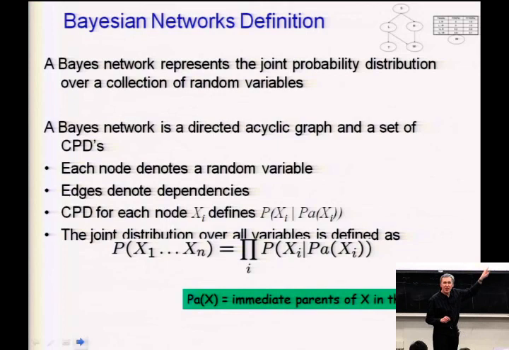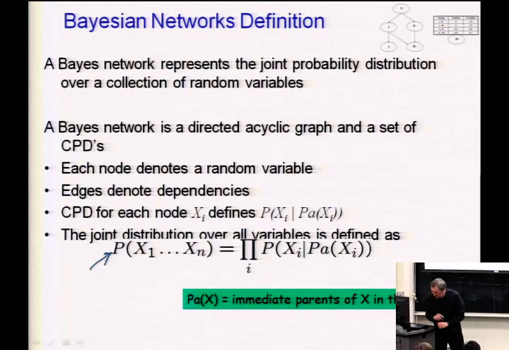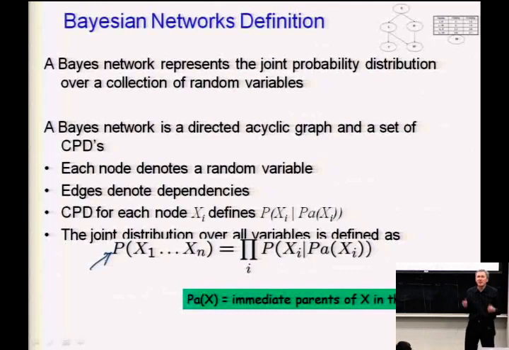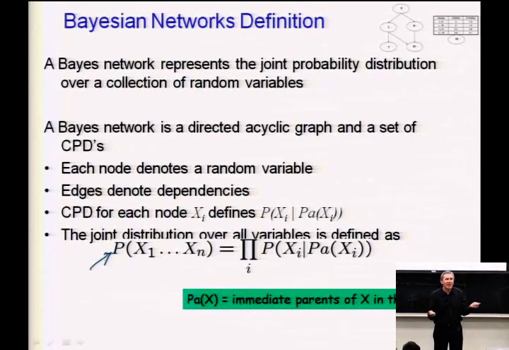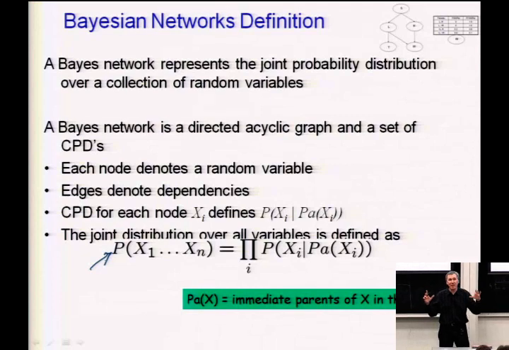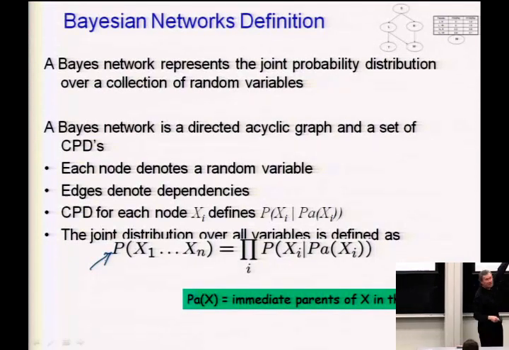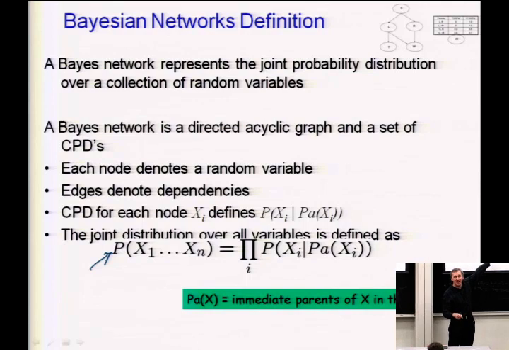Well, a Bayes net represents that joint probability distribution according to this formula. So if we have a collection of random variables, x1 through xn, what the Bayes net tells us is how we can more simply represent that joint distribution compared to our default approach of building a huge table with all the possible configurations of values for x1 through xn, which even if those were Boolean variables, of course, we'd have 2 to the n rows in that table.